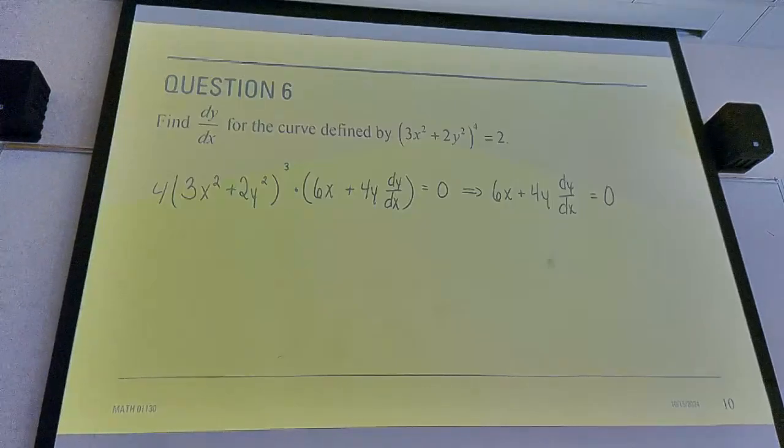By doing so, I'm saying it's not 0, right? I'm saying that'll never be 0, so I'm safe to divide by it. Why is it never 0?